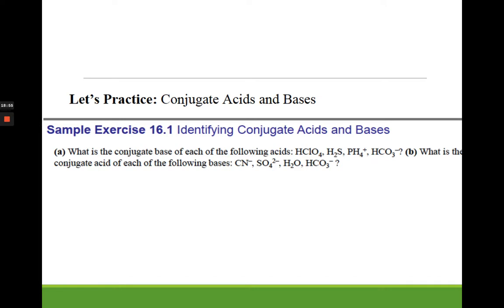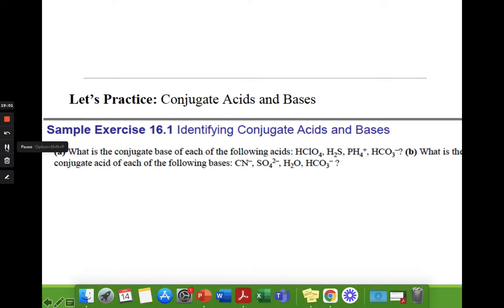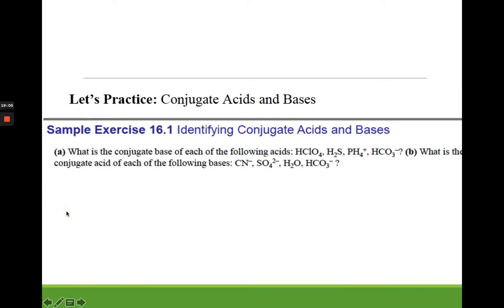Now, it's important for us to know the definition of acids and bases. So in here, it's just very easy. All you need to remember is that you have to know what acids are. Take note that usually acids have an H at the start of their chemical formula.